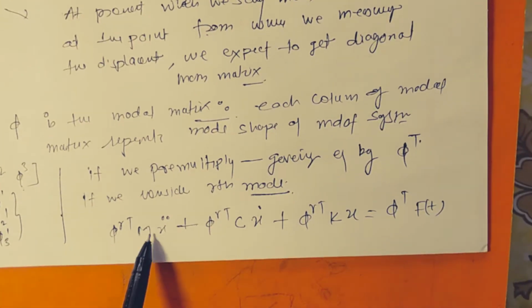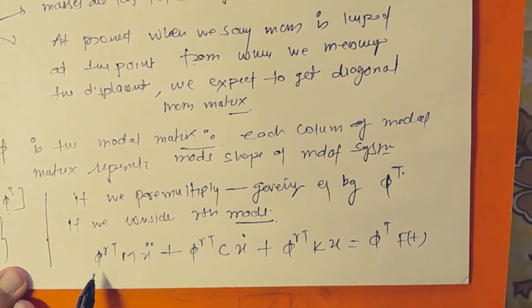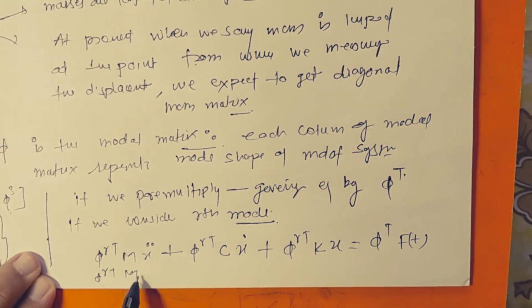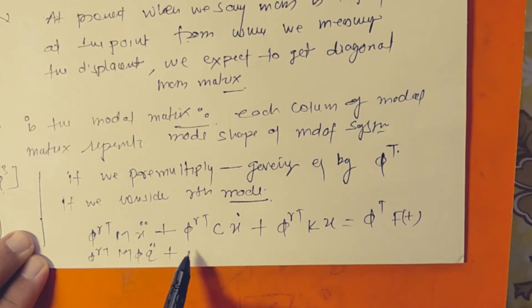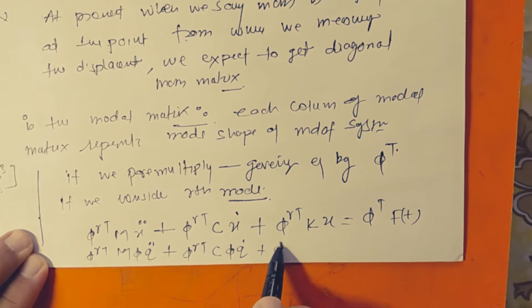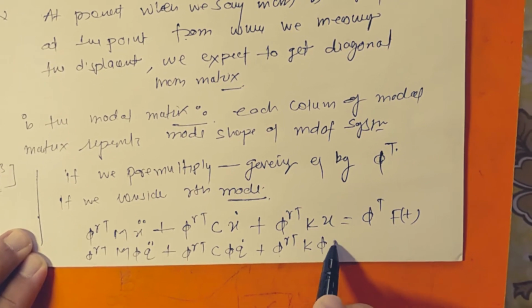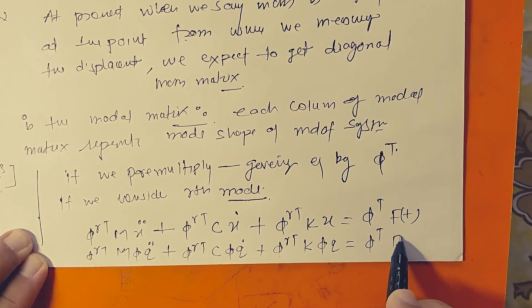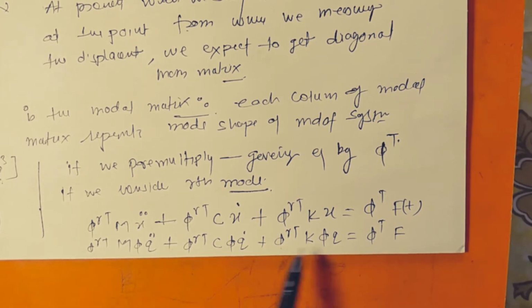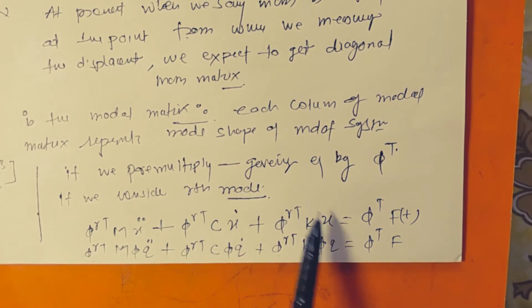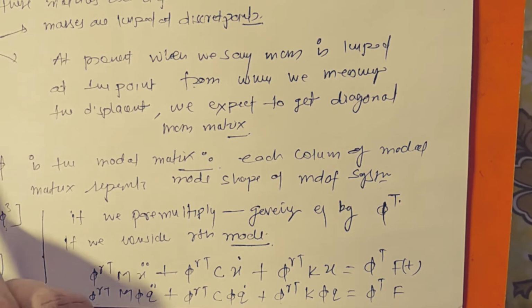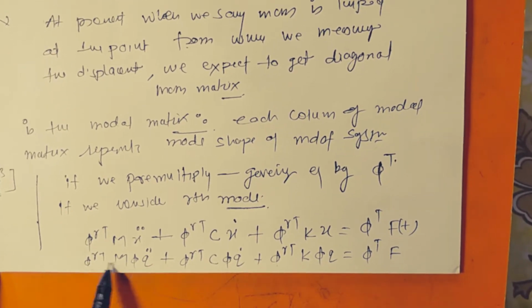If we replace these values in this equation, we get phi r transpose M, and in place of x double dot we put phi Q double dot, plus phi r transpose C phi Q dot, plus phi r transpose K phi Q is equal to phi r transpose F. This is the governing equation after pre-multiplying by the transpose of the modal matrix and replacing the response x with phi Q.